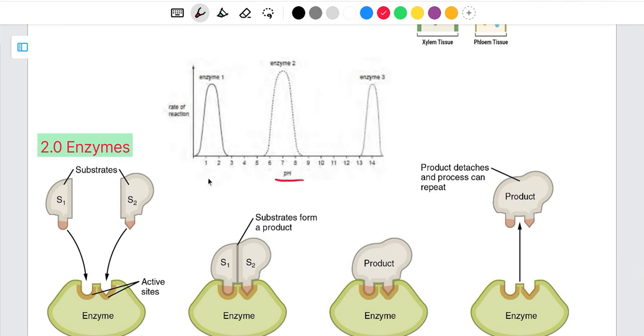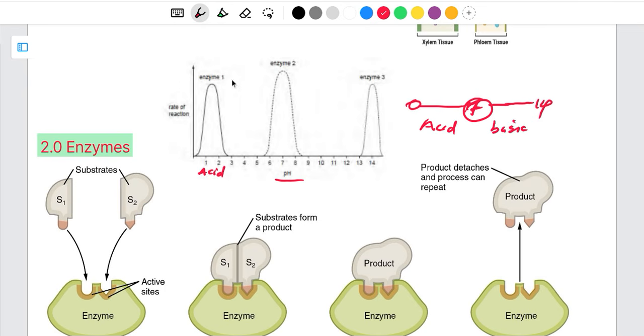This enzyme here is operating in acidic conditions because the pH is low. The pH scale ranges from 0 to 14. The pH at 7 is neutral, from 0 to 7 is acidic, then from 7 to 14 it is basic or alkaline pH.